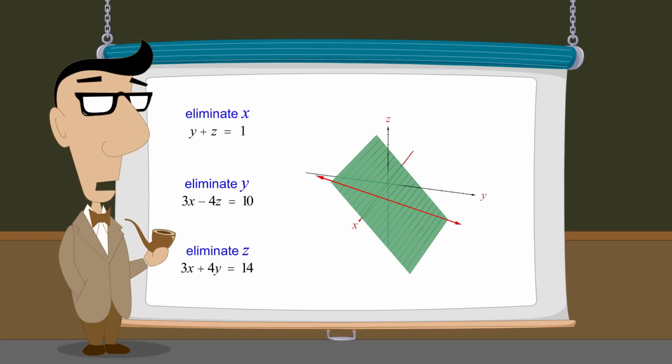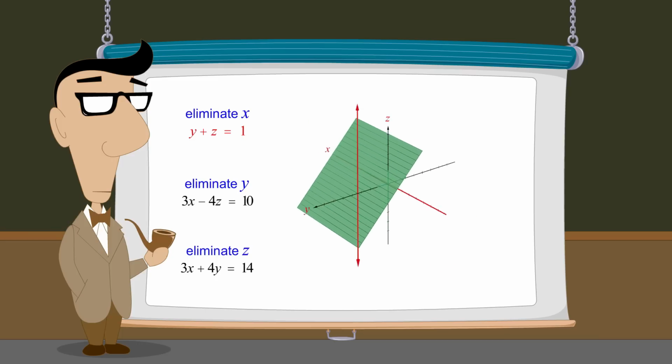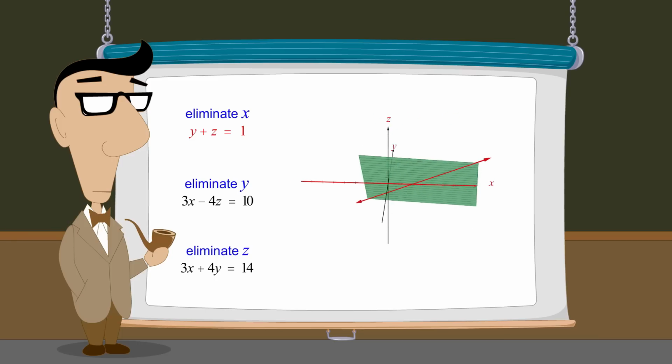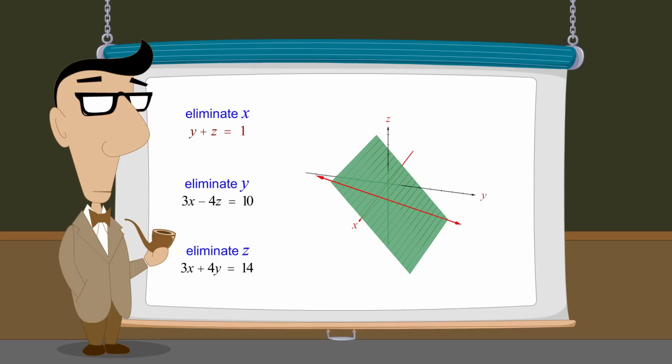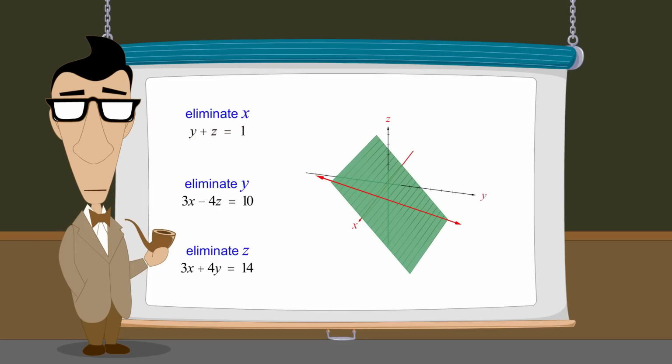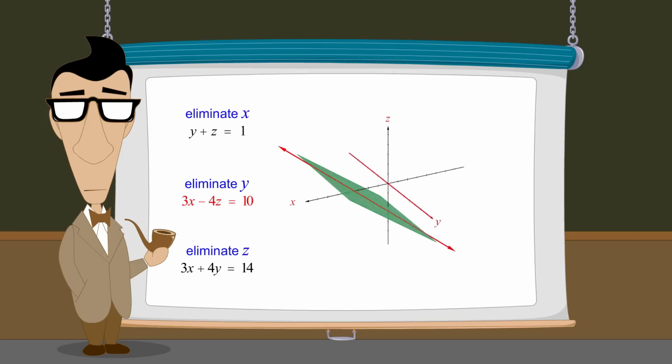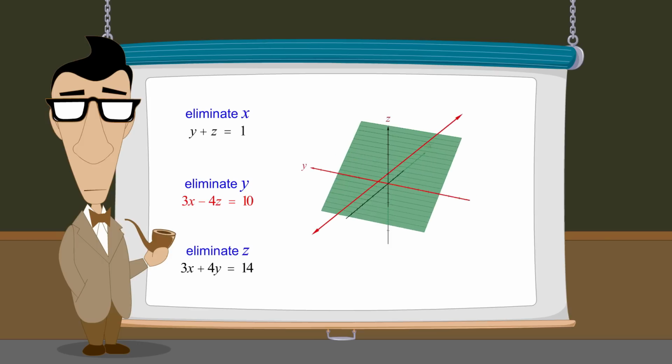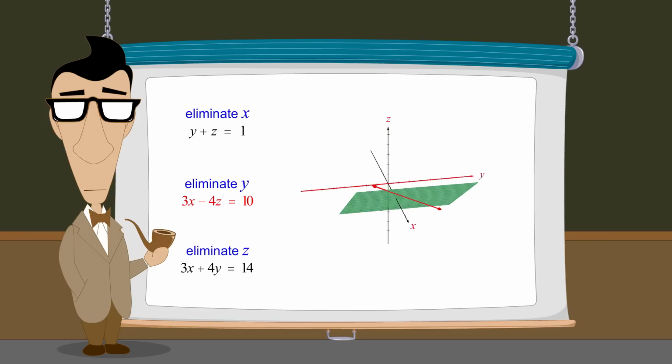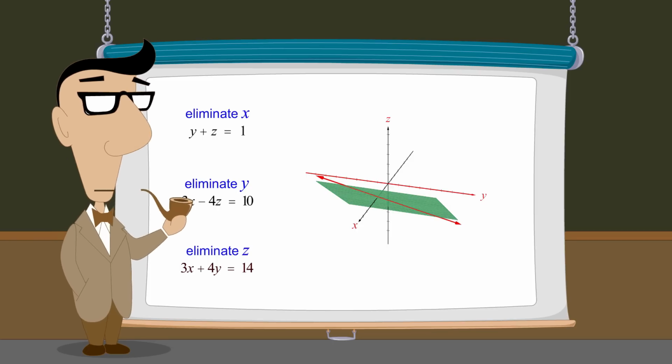Since there is only one possible way in which a plane can be oriented to simultaneously pass through the intersection line of the three planes and be parallel to the x-axis, we will always get the same result when we eliminate x. Likewise, any pair of equations produces the same result when eliminating y or z.